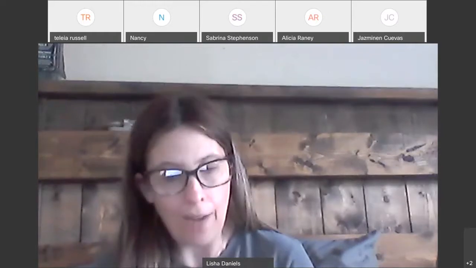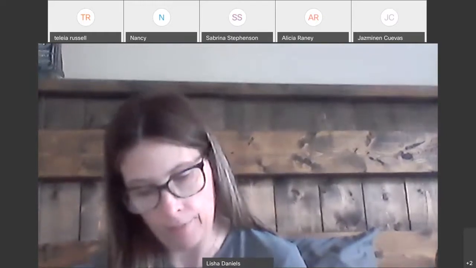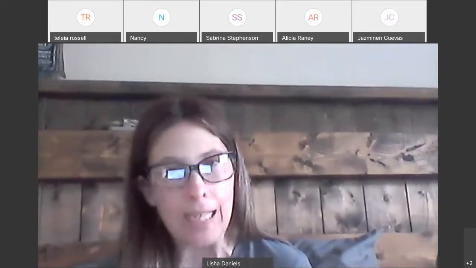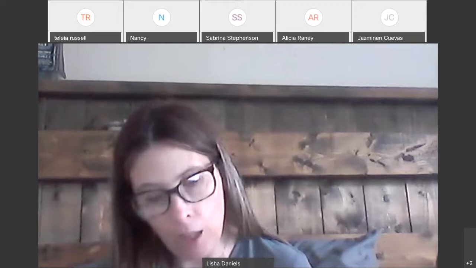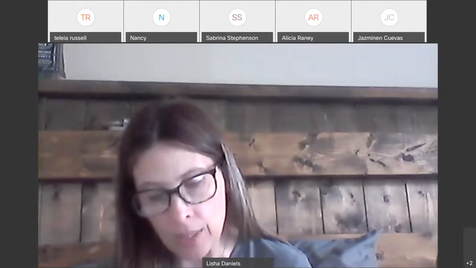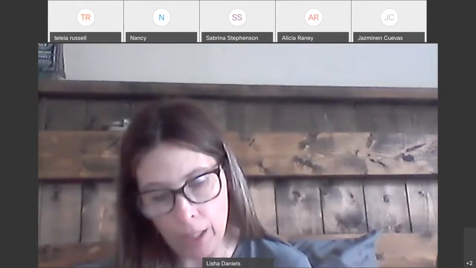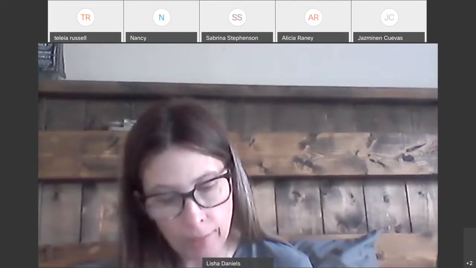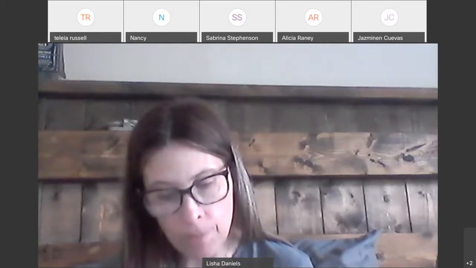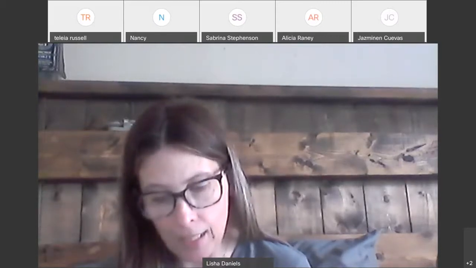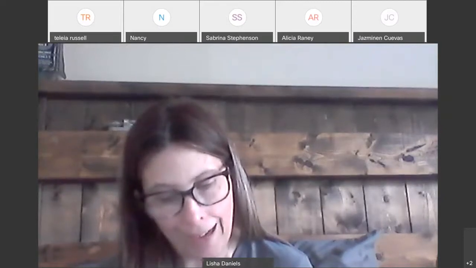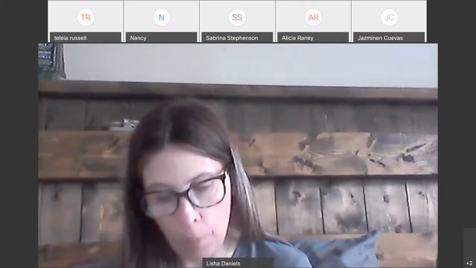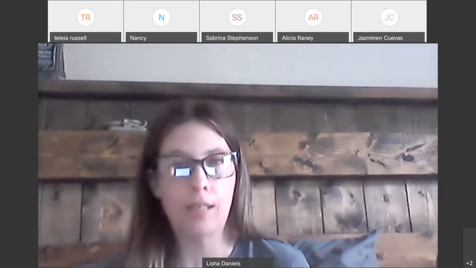So starting off, we have our pulmonary function test. The purpose of a pulmonary function test, PFT, is to assess lung functioning, assisting in the detection and evaluation of pulmonary disease. Pulmonary function tests include spirometry, lung volumes, diffusion capacity, arterial blood gas studies, pulse oximetry, and cardiopulmonary exercise test.